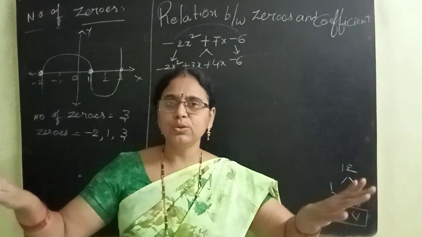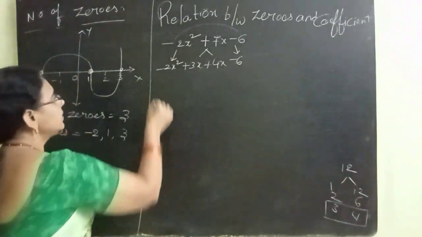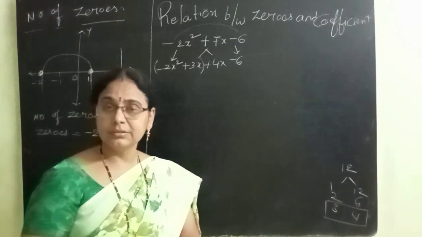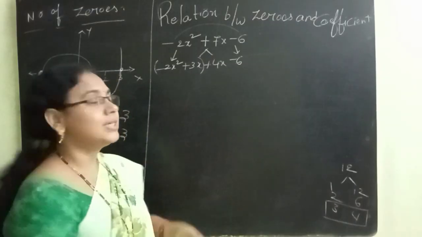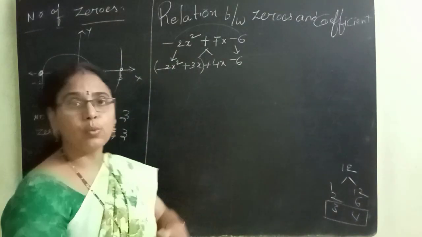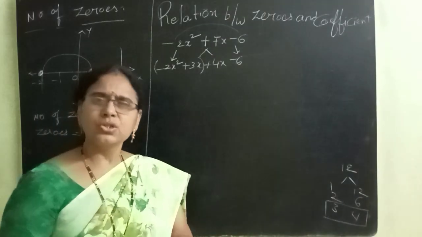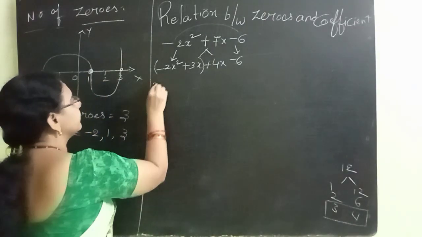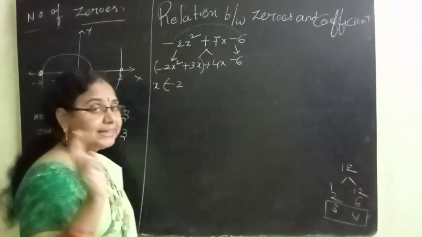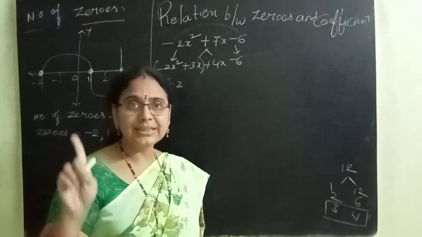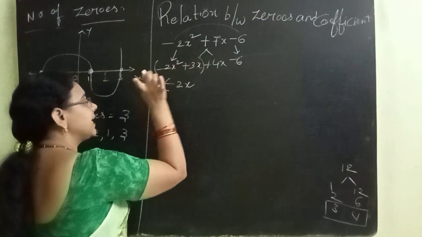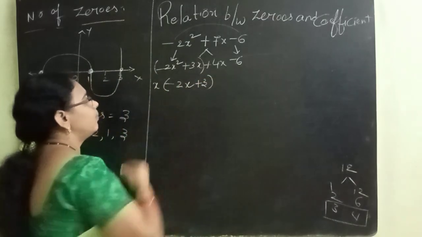From these two terms, can you take anything as a common factor? 2, 3, no table has these two numbers, but come to the variables. Here we have x square, here you have only one x. So x you can take as common. So what is left? Minus 2 as it is, x square out of 2x. 1x taken as common, 1 more x is left. Plus x as a common factor you wrote. So plus 3.